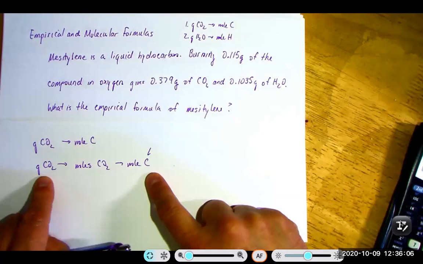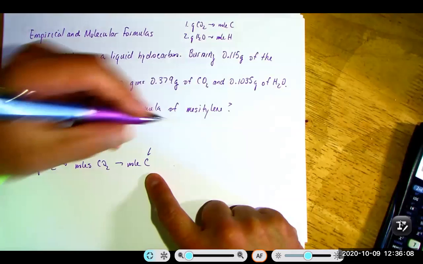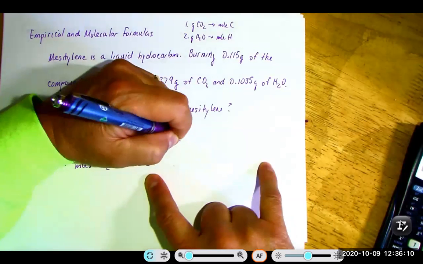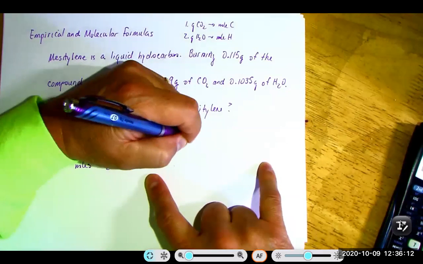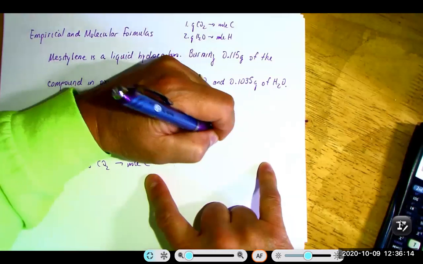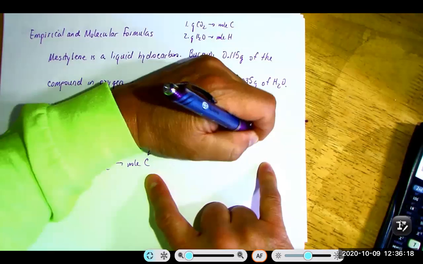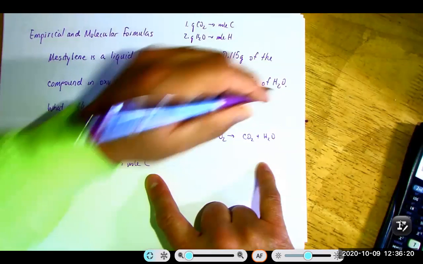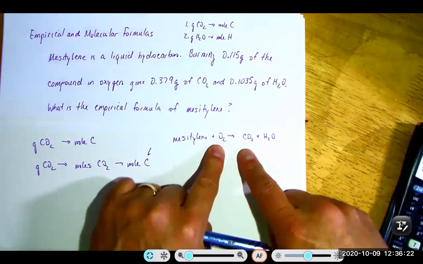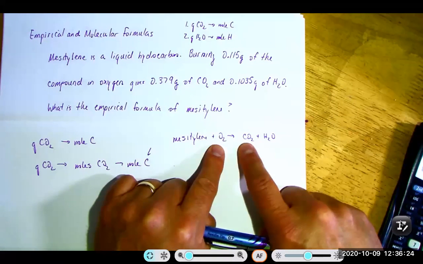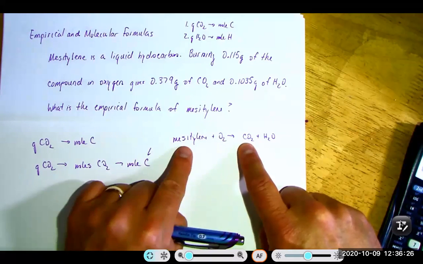But in the reaction for this acetylene, you react it with O2 and you make CO2 and H2O. You can see that this oxygen has no carbon in it. So where does every carbon here come from? It comes from acetylene.